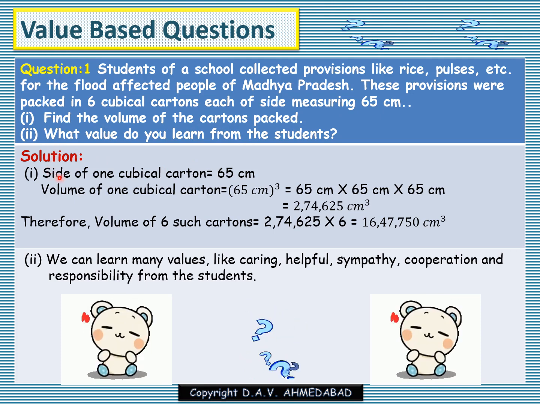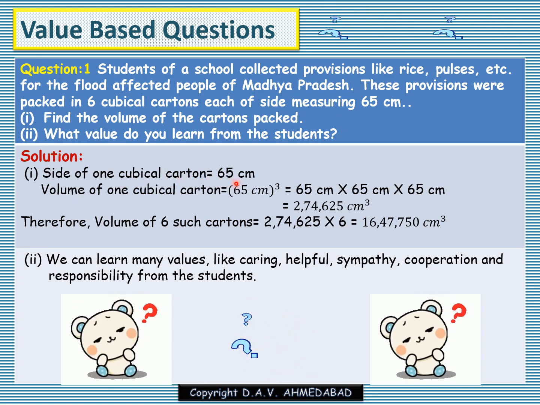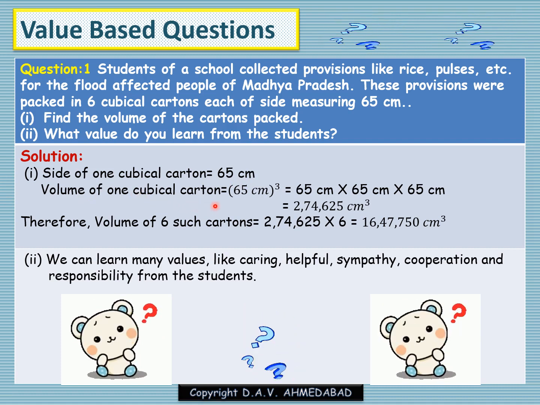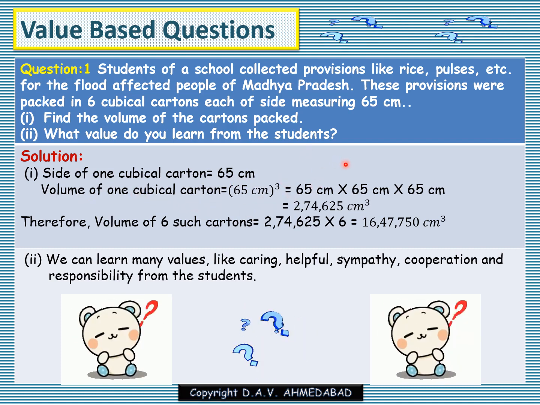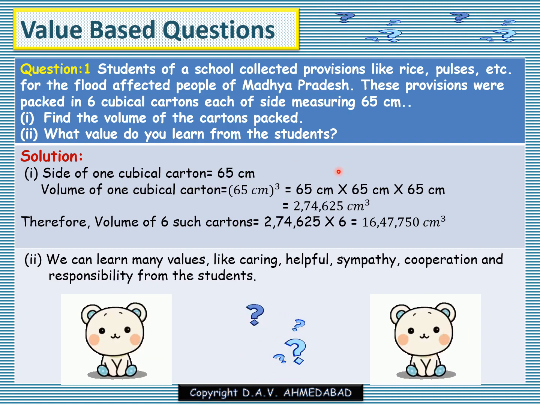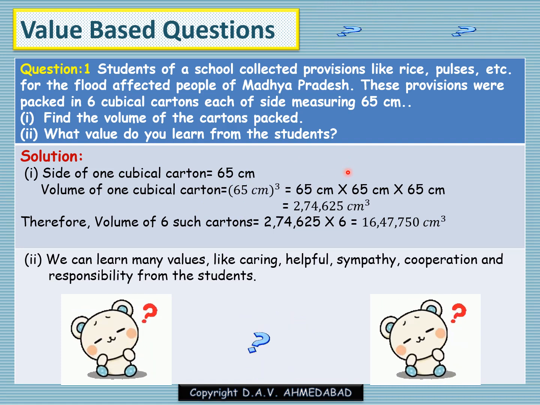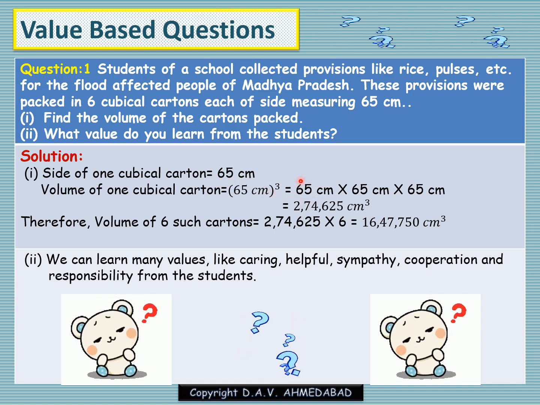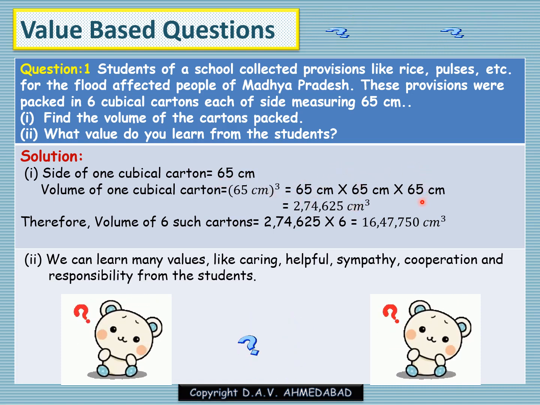So children, side of 1 cubical carton is 65 centimeter, and volume of 1 cubical carton means side into side into side, because we know that volume of a cube is side cube and here side is 65. So 65 cube means 65 into 65 into 65.